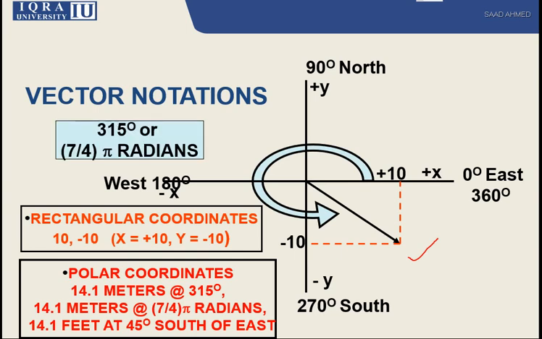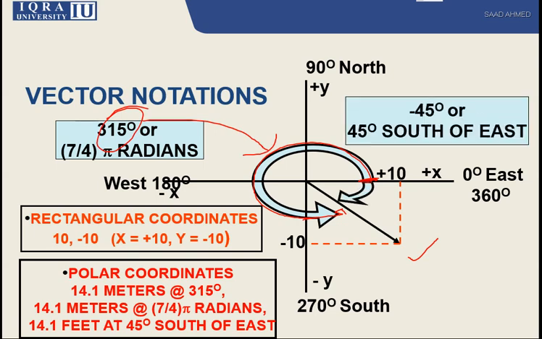This is 315 degrees or 7 by 4 pi radians. You can calculate that on the calculator. Starting from this position, you can see that it goes all the way to this point, which is 315 degrees. And if you look at it from the other side, that is 45 degrees south of east. This is east and this is south, and this is south of east.